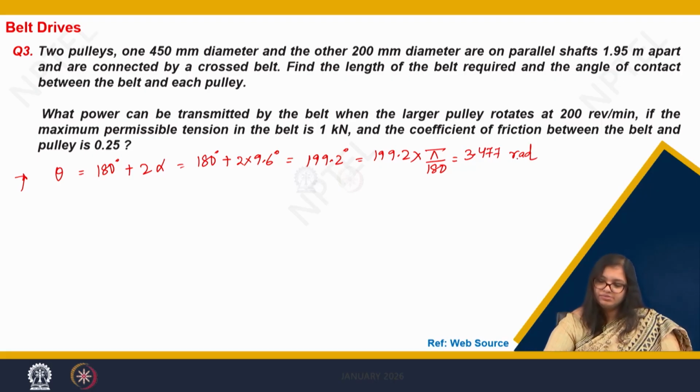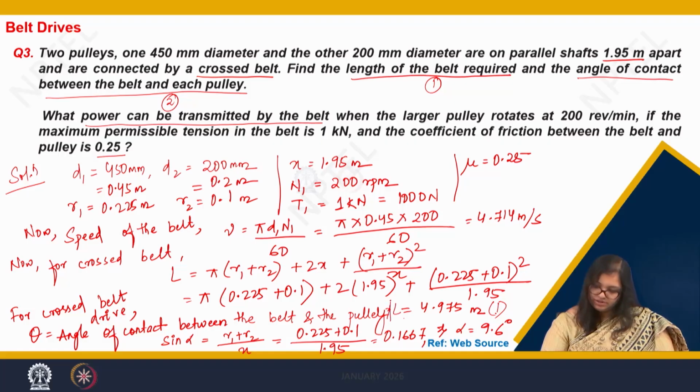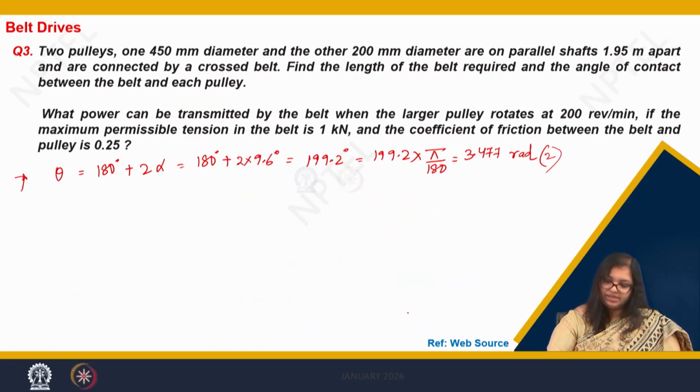So this gives me my second answer. My first answer is the length of the belt in a cross drive, and this is my theta, which is given as 3.477 rad.